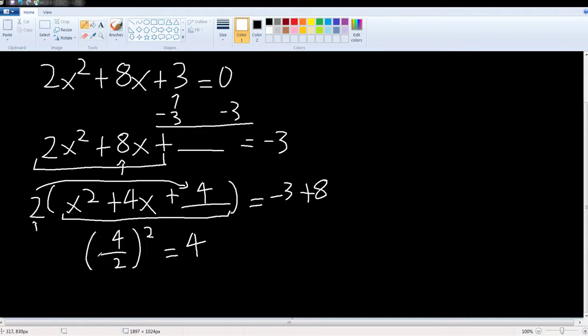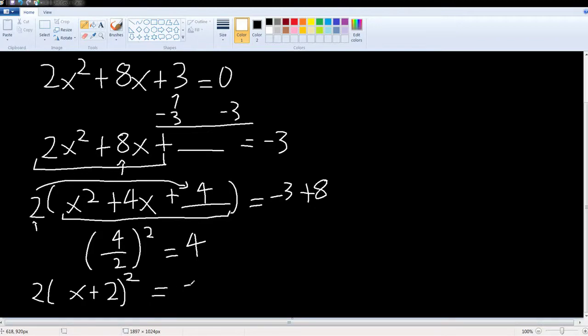Now, after that, we need to simplify. So now, what's cool about completing the square and convenient is that x squared plus 4x plus 4 is basically x plus whatever this 4 over 2 is, squared. In other words, x squared plus 4x plus 4 just becomes x plus 2 squared, right?